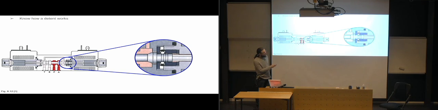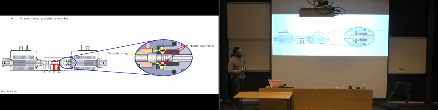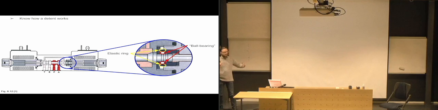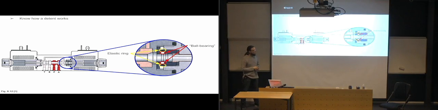And then we have balls, just like in a ball bearing, and we have some sort of elastic element, whether it is a ring that is made out of some rubber-like material, or some sort of radial steel spring. There might be quite a lot of different ways of doing this, but at least it has the possibility of being expanded a little bit.